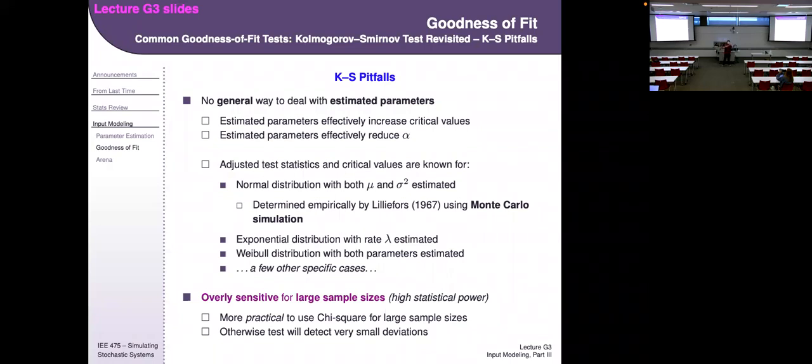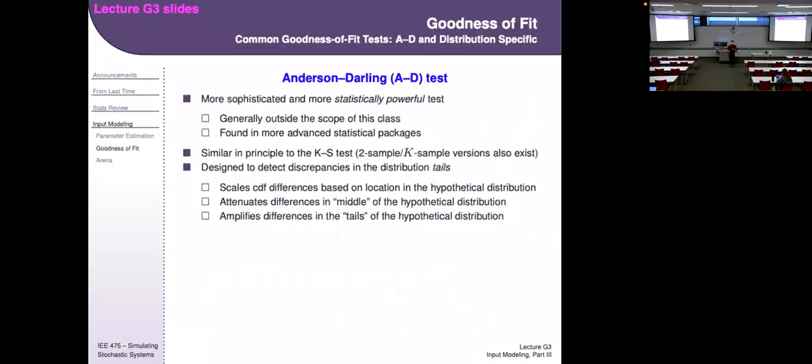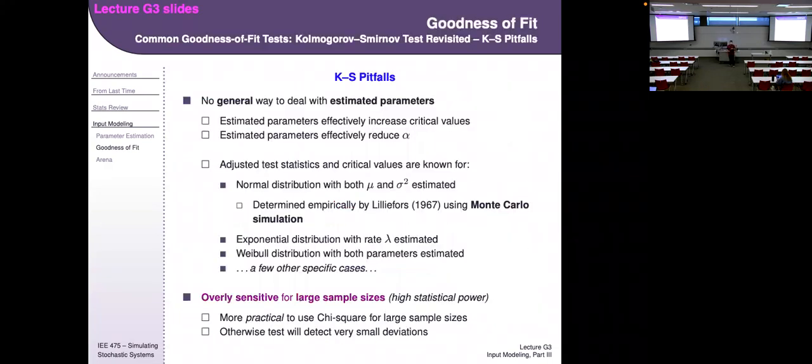If you are estimating a parameter from the data, you cannot use the KS test for that, unless it's very special cases like the normal, the exponential, and the Weibull. But if it's another distribution, a beta distribution or something like that, and you're estimating parameters from the data, then you can't use the KS test, because it needs to be specially tailored every single time you do an estimated parameter, unlike the chi-squared test, which can be used for estimated parameters. So any questions about that?